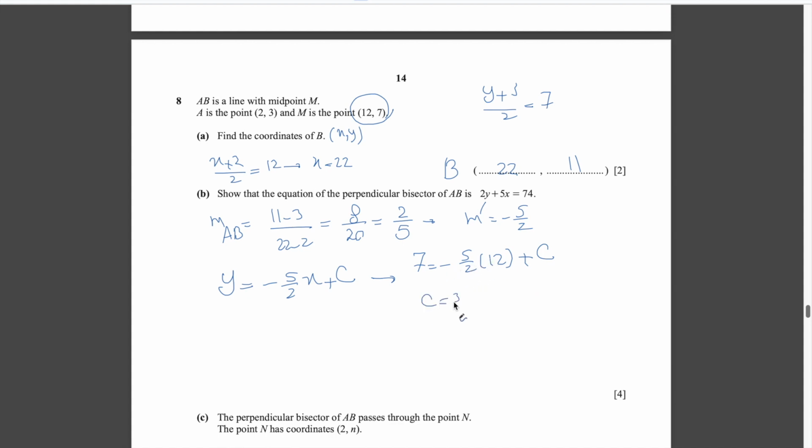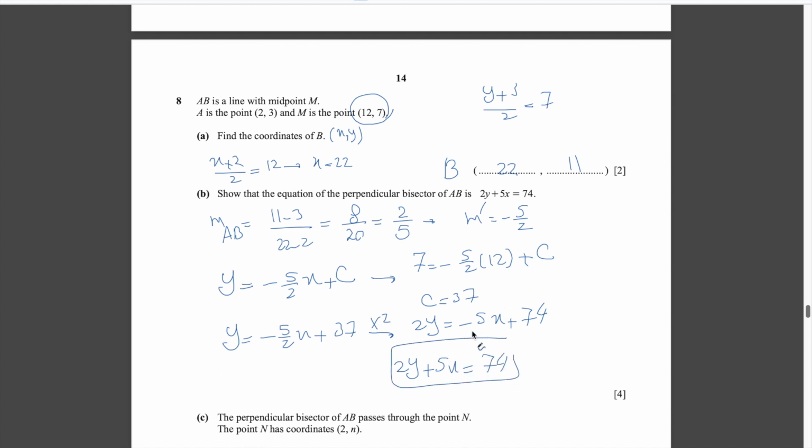So c will be 37. So y will be equal to minus 5 over 2 x plus 37. Now it contains no fraction, so I multiply by 2. 2y is equal to minus 5x plus 74. I transfer to the other side to make it of the form given in the question.